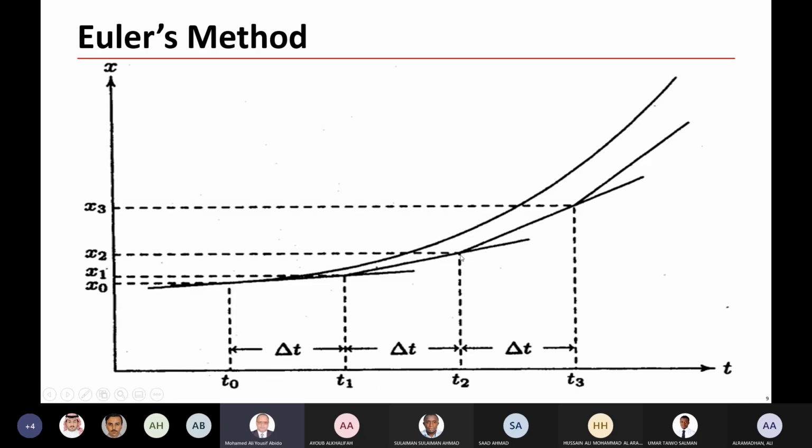At t2 you recalculate dx by dt, and then you approximate it by a straight line here, and then you get t3. And of course this is an iterative method. With each iteration you increase the time by delta t, and you calculate the derivative and you approximate it as such.